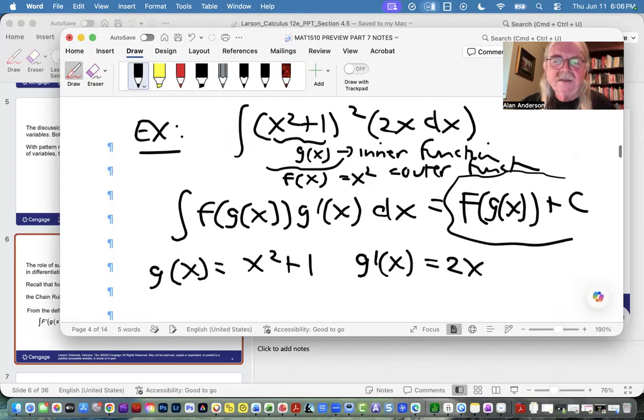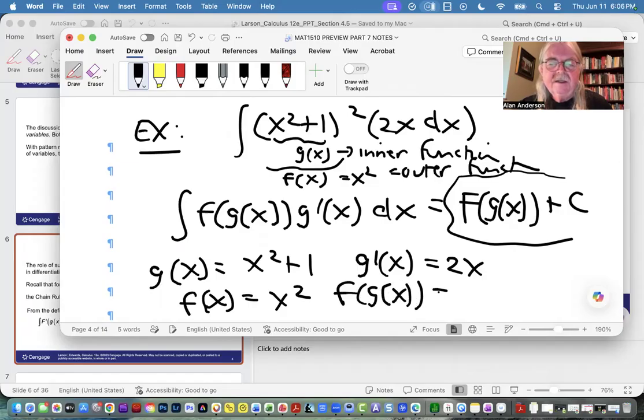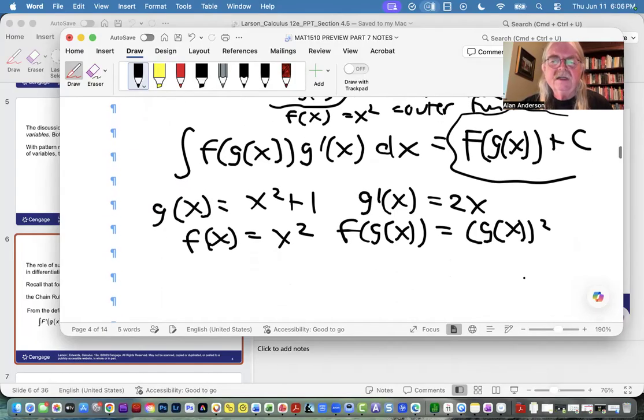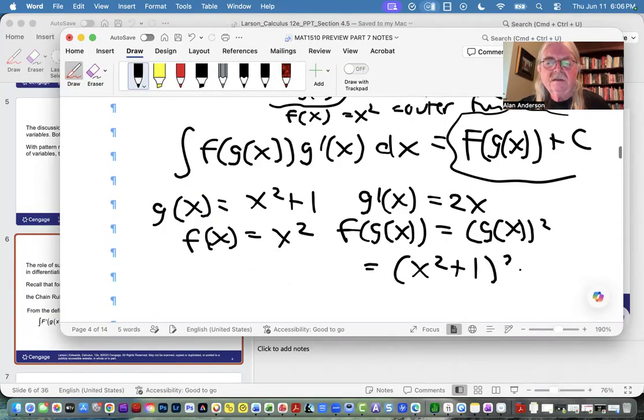We'll get to the u's in a minute. And so f of x is x squared. So f of g of x is going to be g of x squared, which in turn becomes x squared plus 1 squared.